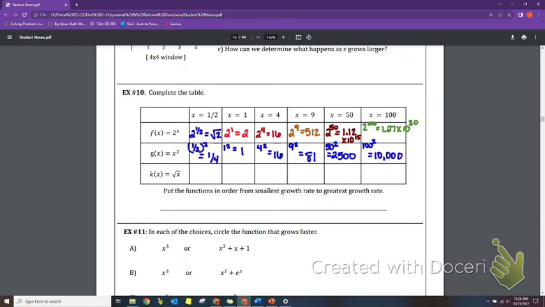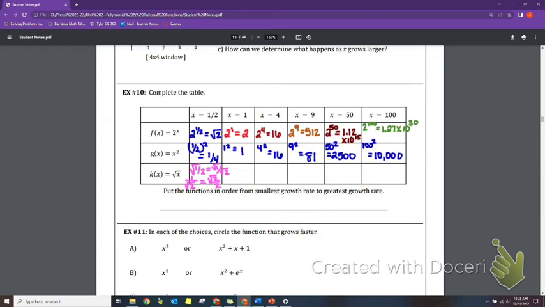And then I'll do the square root of x. This is a little tricky because I get square root of 1/2, which remember means it's the same as the square root of 1 over the square root of 2, which is 1 over square root of 2. And then we could keep going here, and if I rationalize it, I get the square root of 2 over 2. I'm going to switch colors here.